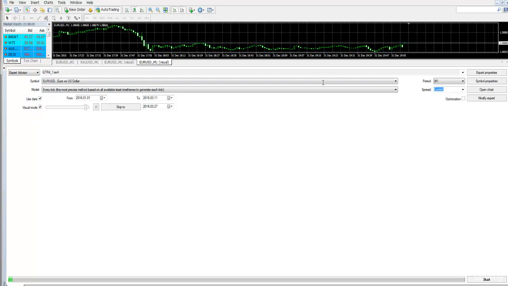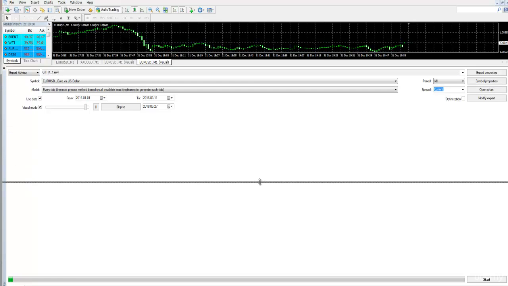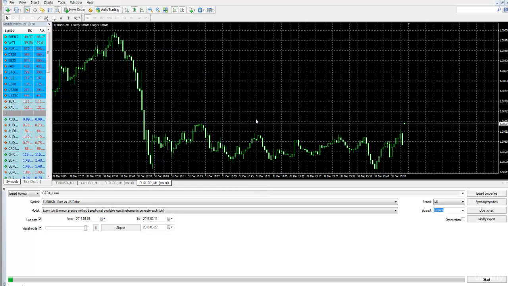mode. I will extend the graph screen like this, so we have a better look at the real behavior of the EA. As you can see here, I have checked the visual mode for this run of the strategy tester.